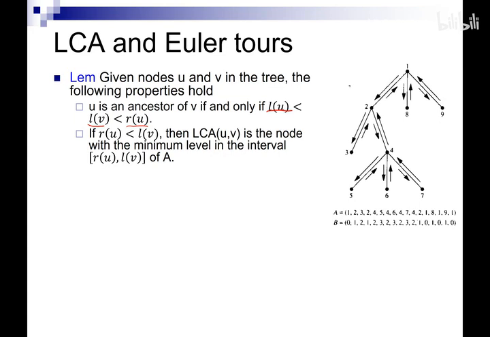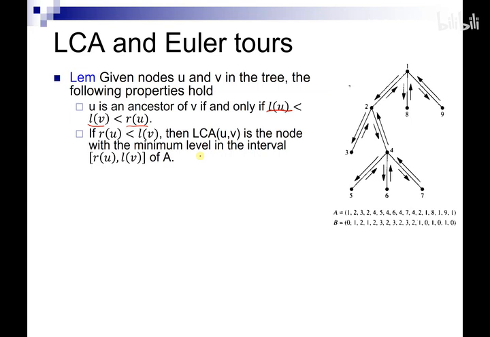And the second part of the lemma says that if you don't have this condition, for example, if R of U is less than L of V, then the LCA of U and V is going to be the node with the minimum level in the interval R U to L V of A. Remember that R U is an index of A, and L V is also an index of A. So if R U is less than L V, then we look at a range of A from one index to a higher index.